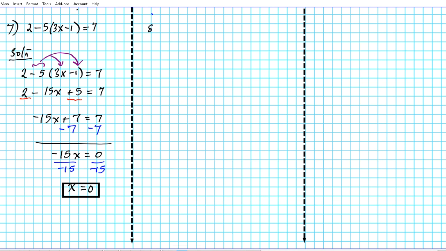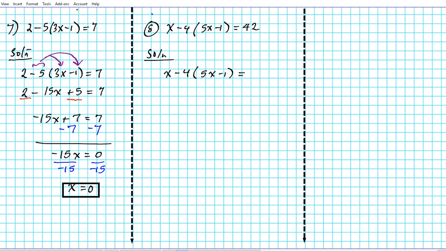Alright, number 8. What if we have the equation x minus 4 times 5x minus 1 equals 42? Alright, so for this one, we're going to start off by getting rid of the parentheses.